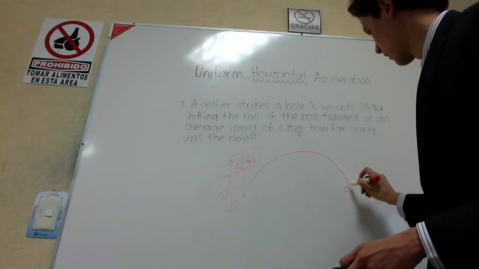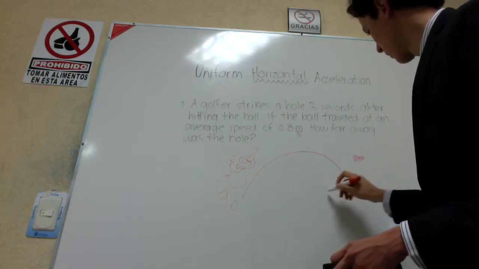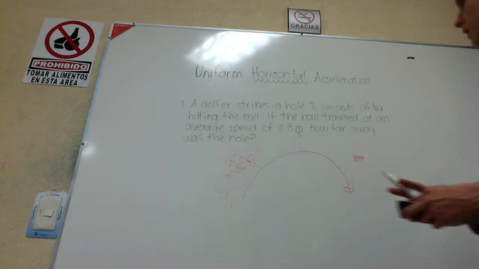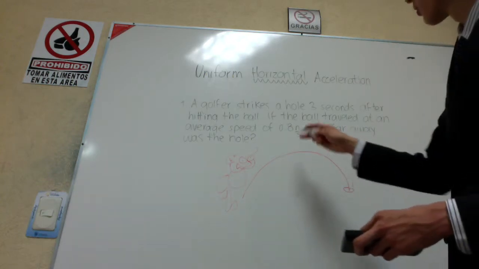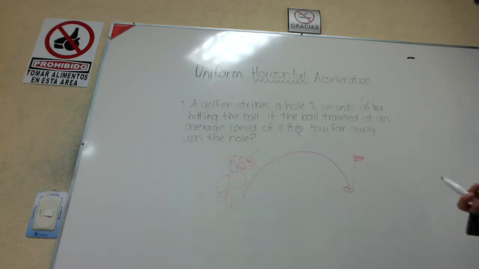And he strikes the tee hole, or whatever it's called, after 3 seconds at an average speed of 0.8 meters per second. How far away was the hole?